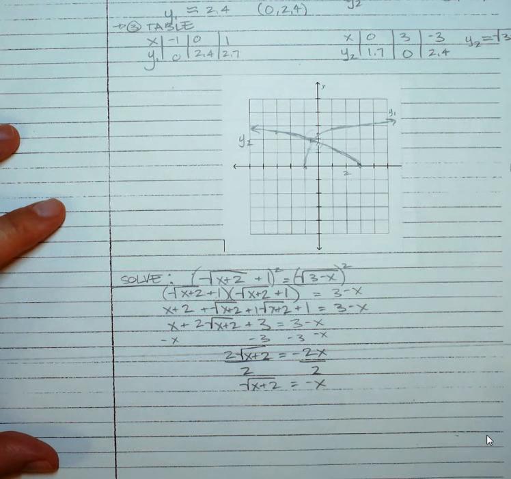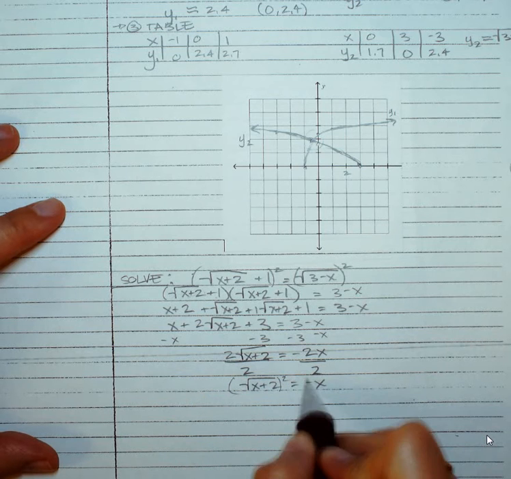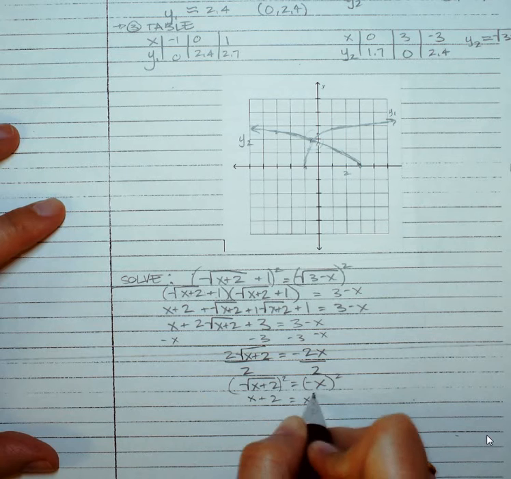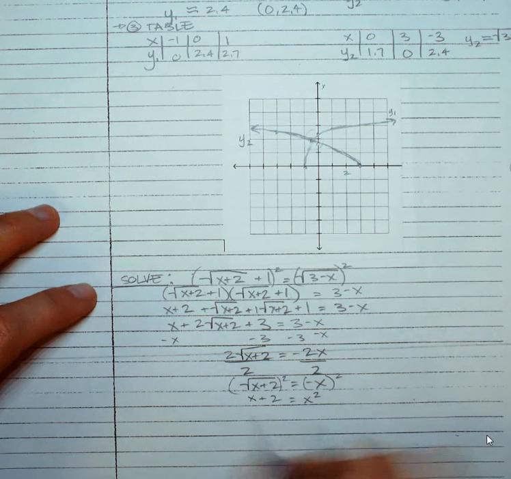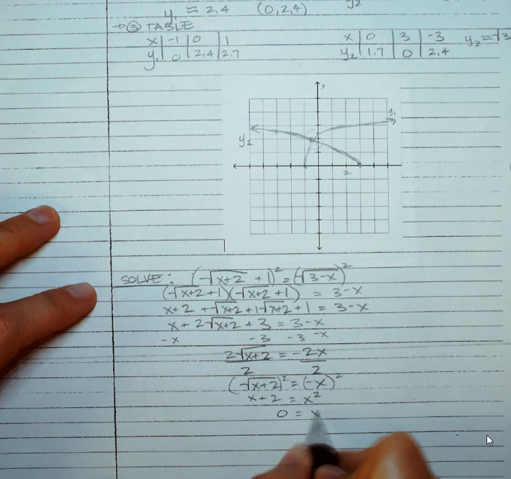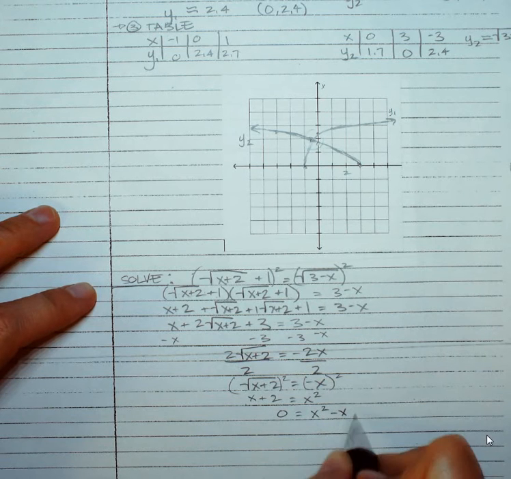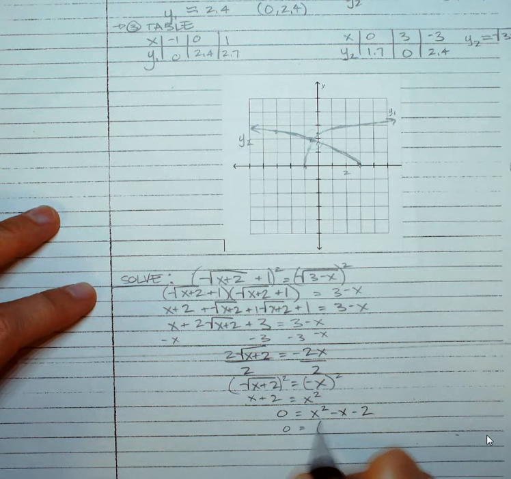So now I square both sides, and that gives me x plus 2 on the left equals x squared on the right. I'll move everything over and attempt to factor. So x squared, when I move the x, that becomes a negative. When I move the 2, that becomes a negative. And this seems to factor as x minus 2 times x plus 1.